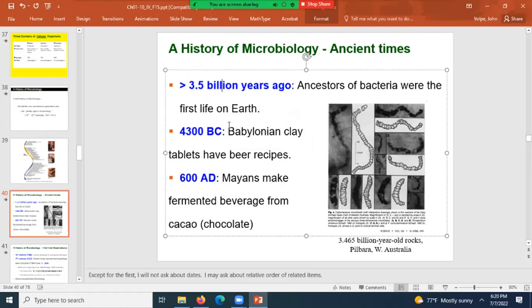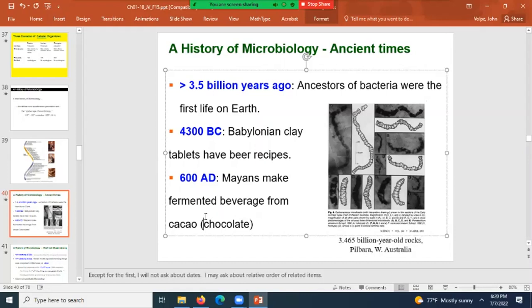And then in 600 AD, we have written records of the Mayans making a fermented beverage, which is cacao, which to us would be very similar to chocolate. It was a liquid, but it wasn't milk chocolate because there's no milk in it.